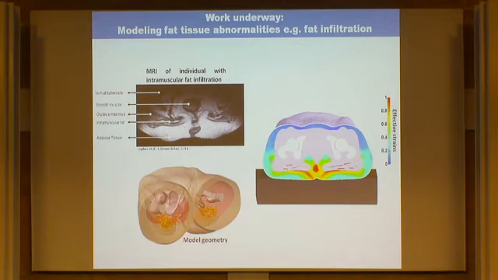And then what we do is we introduce pathologies or pathophysiologies into the model. This is the fat infiltration that I've mentioned. This is not normal. This is spinal cord injury related atrophy.